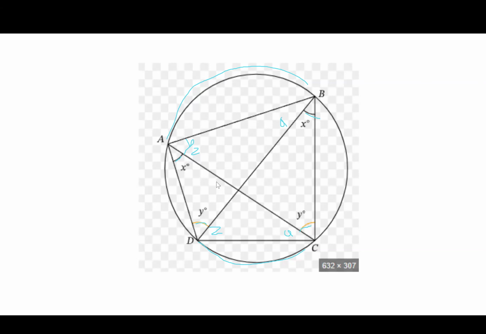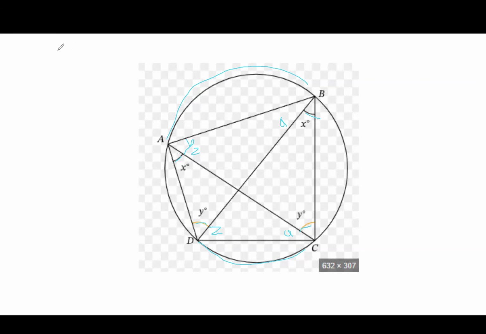Okay, so I've labeled all of these angles with different letters. I've got Z here, I've got A here, and I know that ABD is equal to ACD. So these are both A, and then BAC and BDC are both Z. Like Amanat said earlier, we can add all of these angles, and then we'll find that the sum will be equal to 360, right?